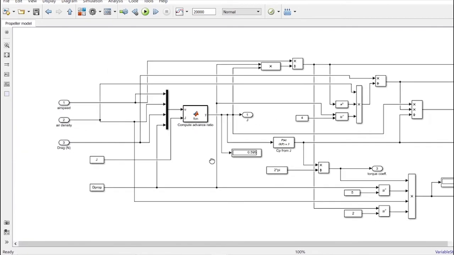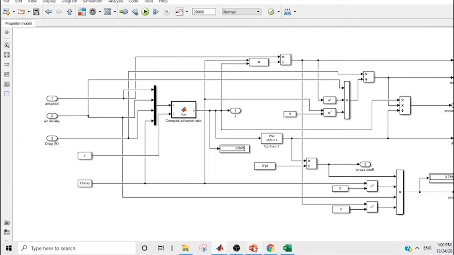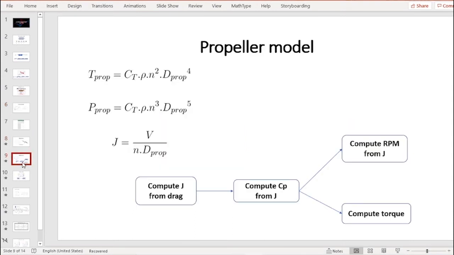Within the propeller model, to compute the propeller characteristics, the first step is to compute the advance ratio from the drag of the UAV.